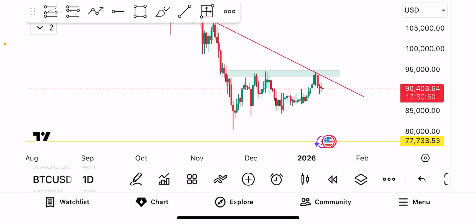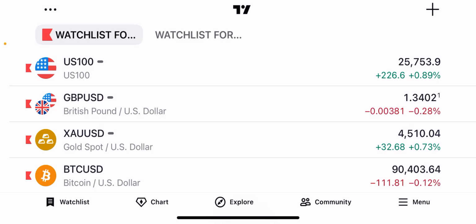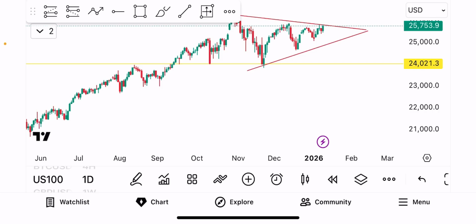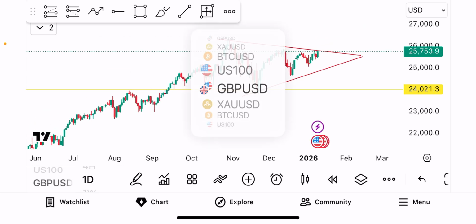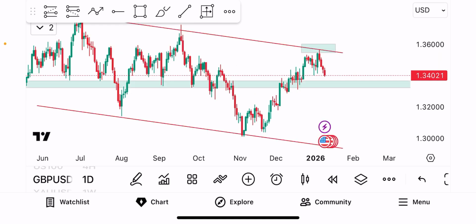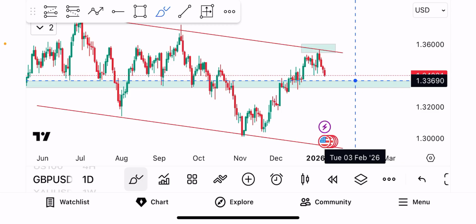So BTC USD is the only place where we have an opportunity at the moment. So the crypto market is providing us with an opportunity. We've analyzed the US 100, and from the daily time frame of US 100, we've not seen an opportunity yet. Also on GBP USD, we've not seen opportunity because price is also stuck in between these two key levels.